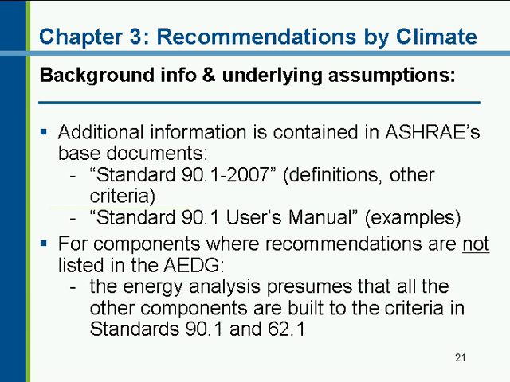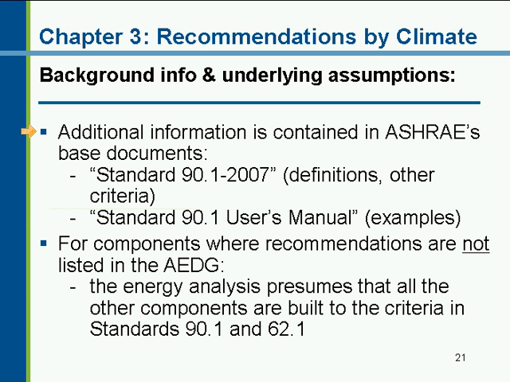So the way the AEDGs were developed, they started with some base documents, for example, ASHRAE Standard 90.1, and there is additional information in those documents. For example, the AEDGs do not have all the definitions, and the AEDGs do not have requirements for every single component in the building, and those are contained in Standard 90.1, so that's a good reason to take a look at that.